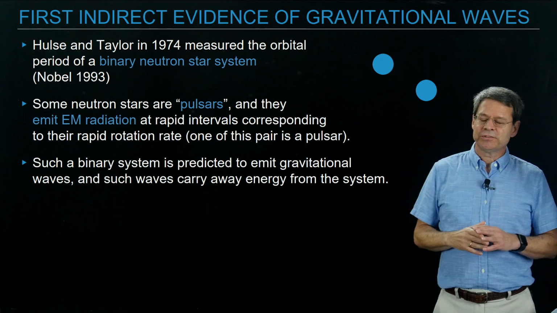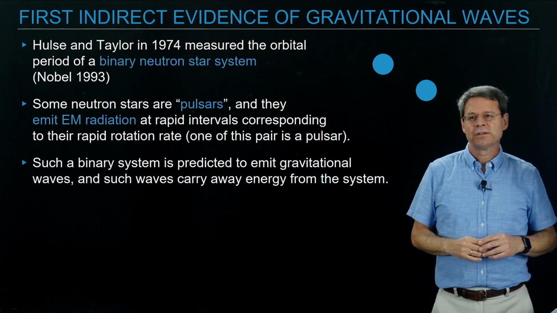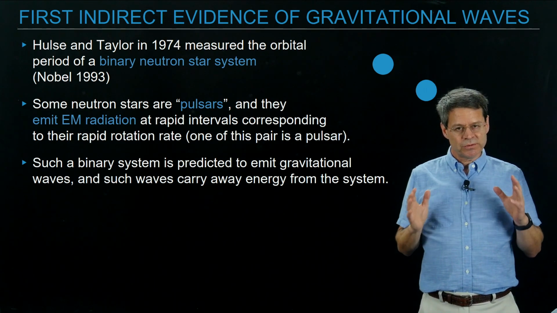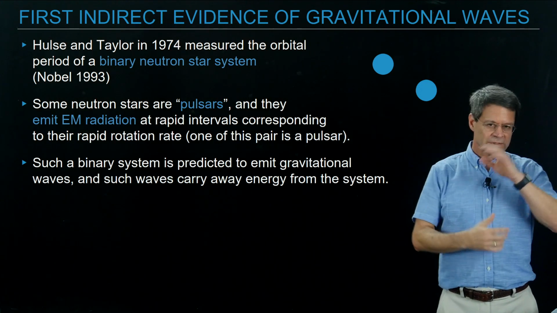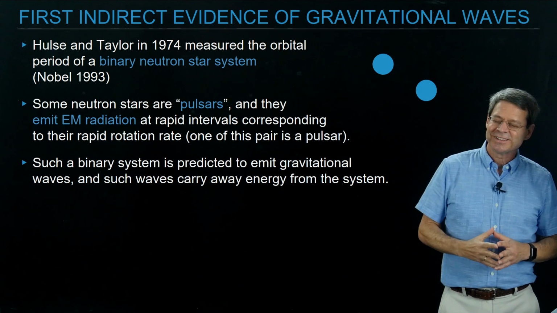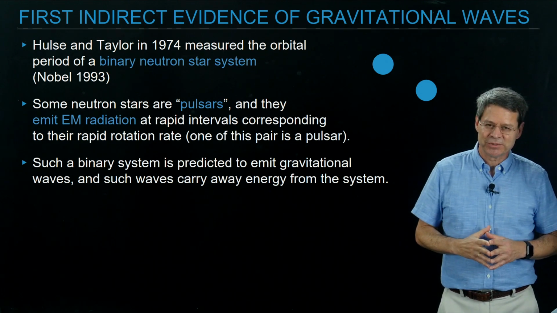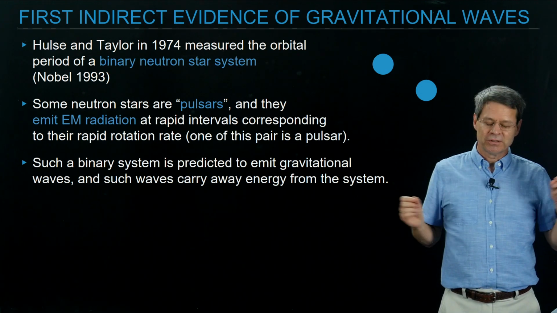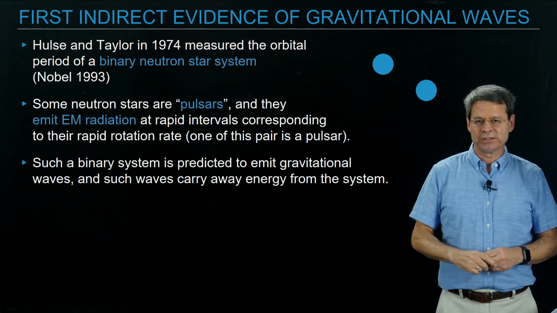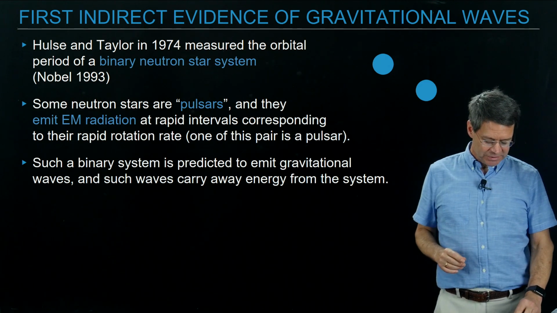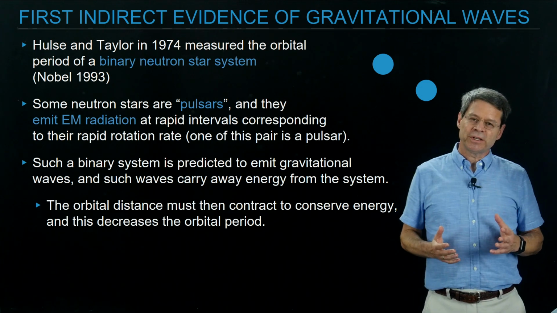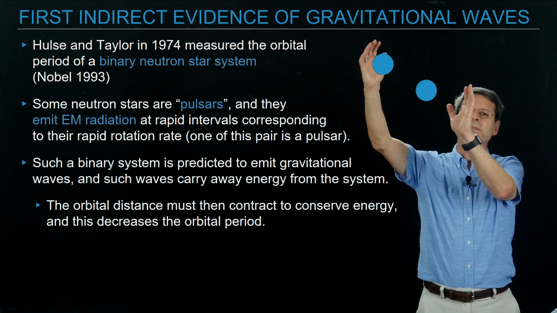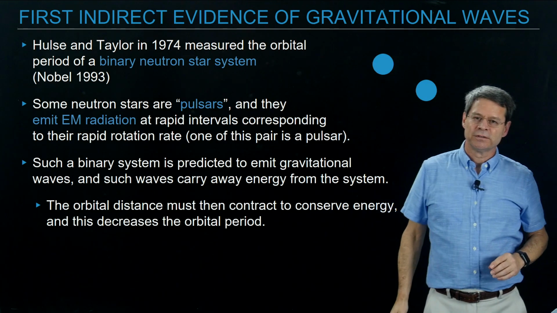Such a binary system, as they rotate about each other, would be predicted to emit gravitational waves, just because they are orbiting, and general relativity would predict the emission of gravitational waves. So some energy is emitted in the form of waves from that system. As you emit the energy away from that system, then to conserve energy, the orbital distance between them must shrink.